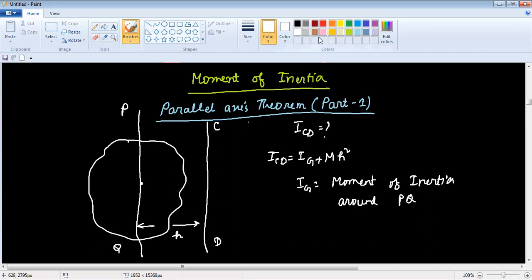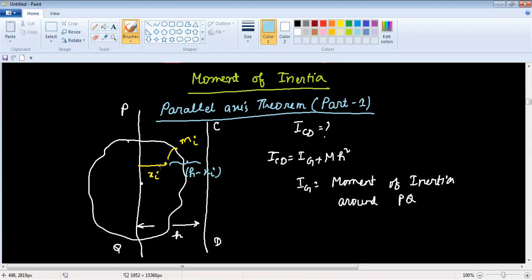At first we need to take a small particle here, whose mass is mi, and distance from the axis PQ is xi, and distance from CD is h minus xi. You can see the total distance is h.